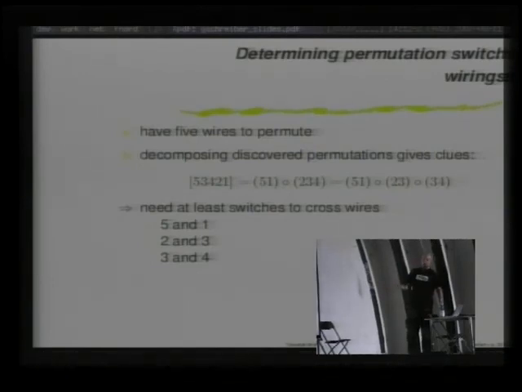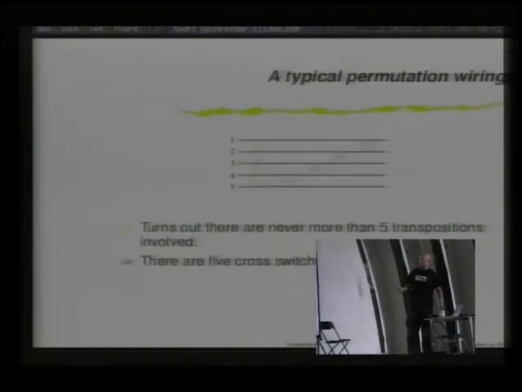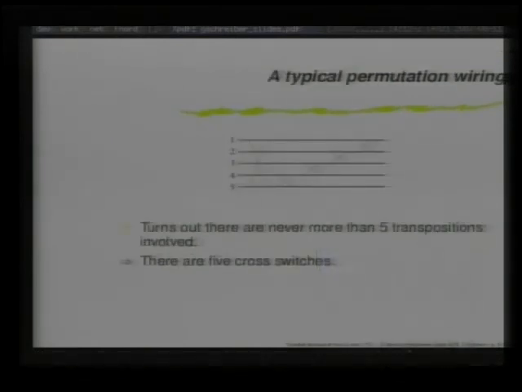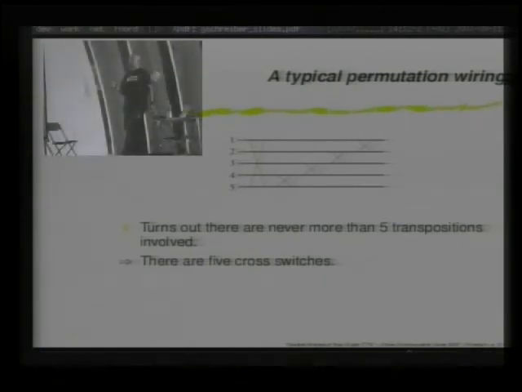And if you do this a couple of times, you will find out that there are never more than 5 transpositions involved in the whole thing, so you can assume there are only 5 switches, and you could make a very good guess that a certain pattern of cross switches was used.